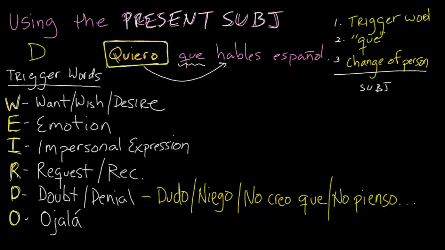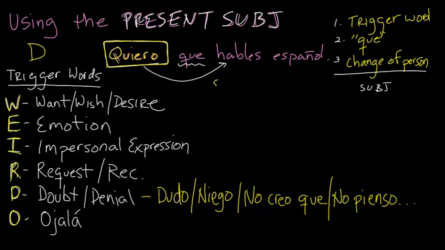Now, when we're working with D, the doubt or denial, we do have some amigos falsos. We do have some false friends that aren't really looking out for our best interest, and they're going to try to trick us into thinking that they're trigger words, but they're not really trigger words. What are these false trigger words?